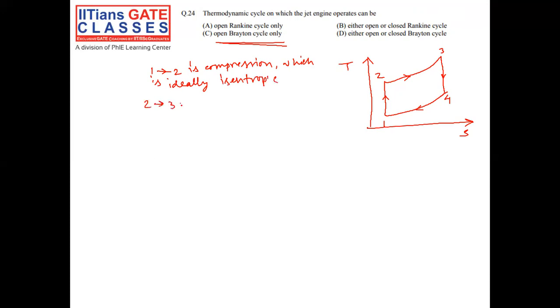Then 2 to 3 is heat addition in the combustion chamber. So heat is being added in this part, the combustion chamber, and this is ideally isobaric, means the heat addition takes place at constant pressure.